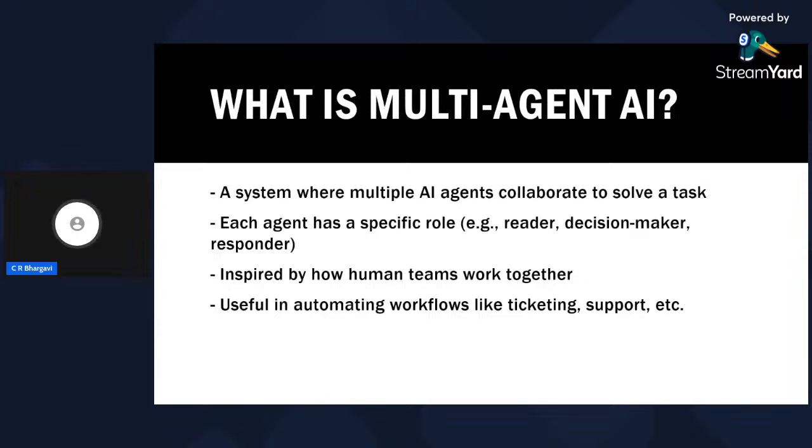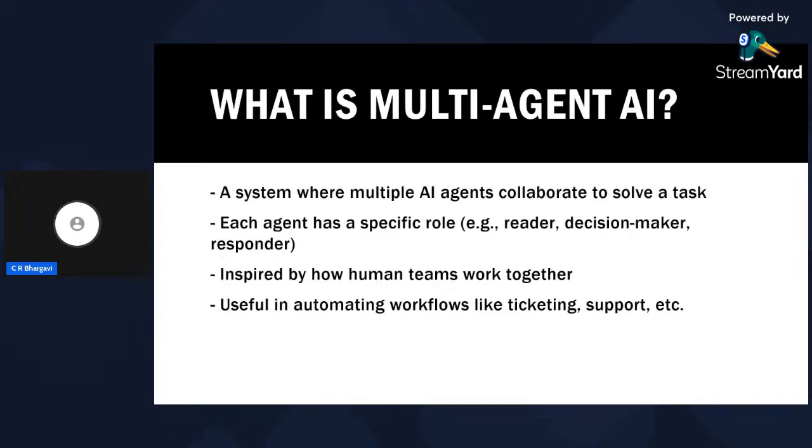When you want to have a specific role like reader or decision maker, or when you have different kinds of things being done, then your multi-agent will have a major role.